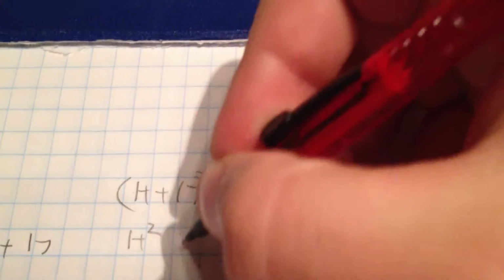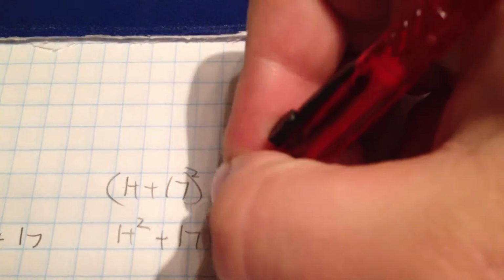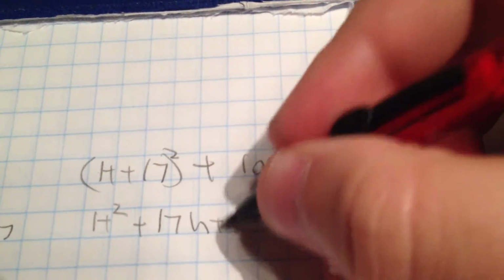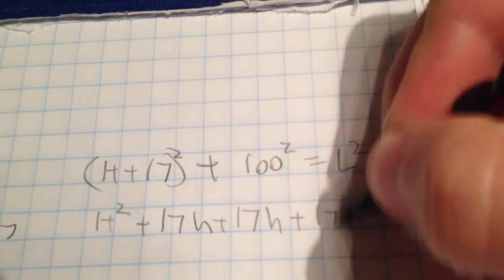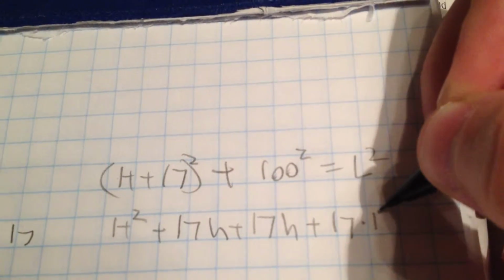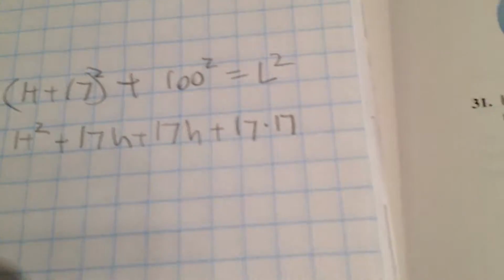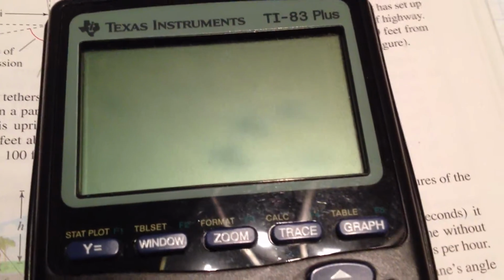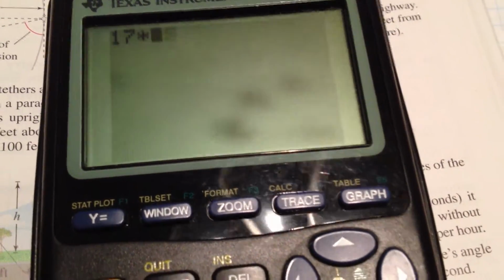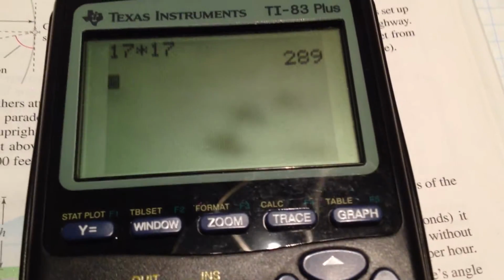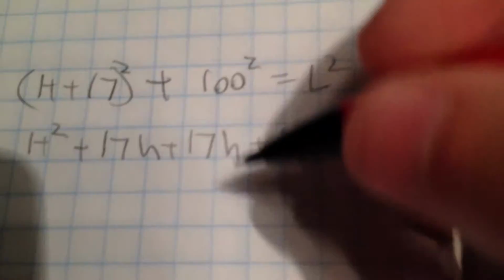So, that gives us h squared plus 17h plus 17h plus 17 times 17. Let's see what 17 times 17 is real quick. Go here to our calculator. Gotta turn it on first, of course. 17 times 17, 289. So, I'll write that down here.